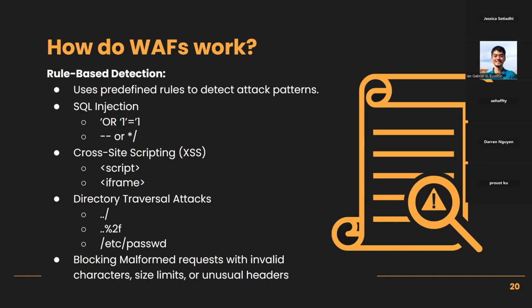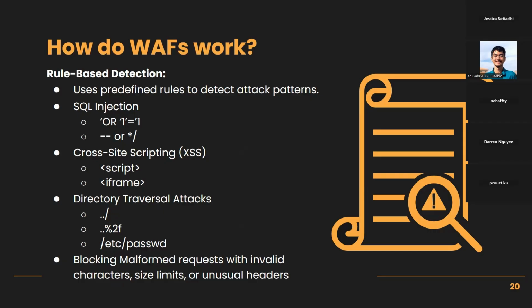It's also going to try and see, okay, is there going to be cross-site scripting? Certain text it's going to look out for is script or iframe, which can be used to display certain images or run certain scripts onto the user's screen. And then there's also directory traversal, where it's going to see if the content of the packet is trying to navigate to a different, non-authorized place within the web server files.